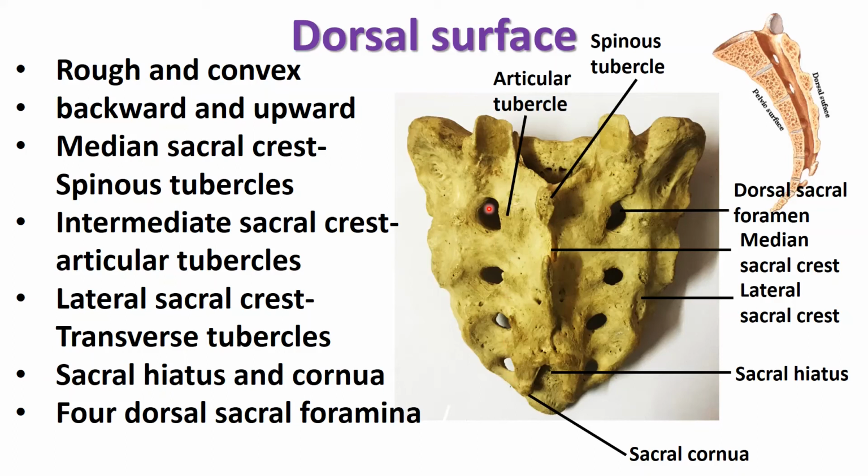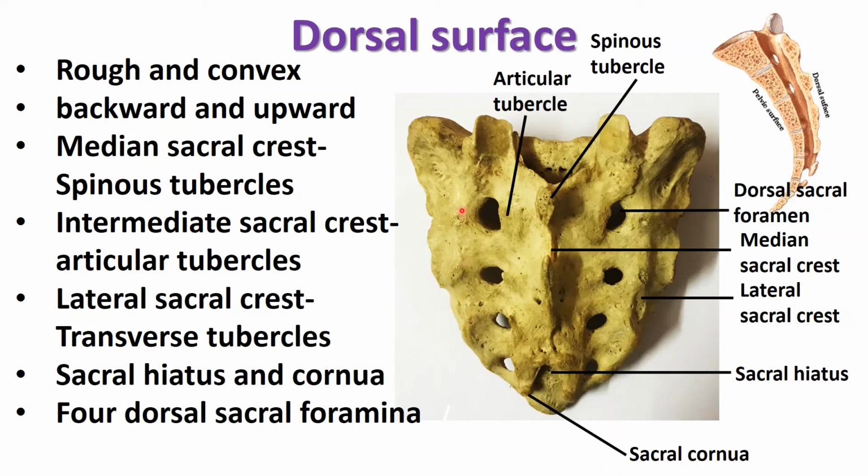Lateral to the dorsal sacral foramina, there is another crest. Here you can see another crest, called the lateral sacral crest. This lateral sacral crest represents the fused transverse processes of the vertebrae.